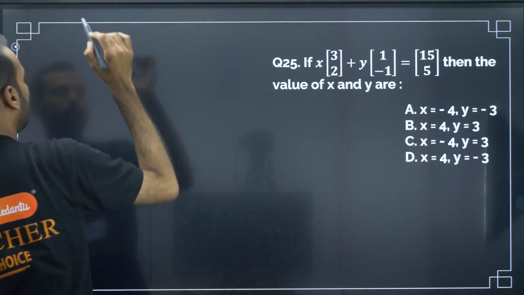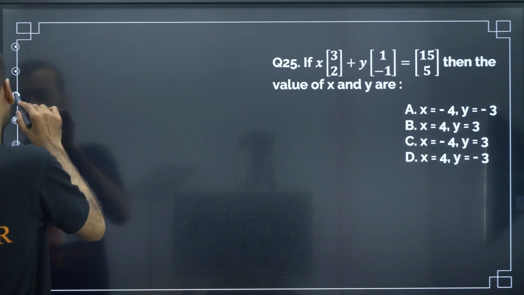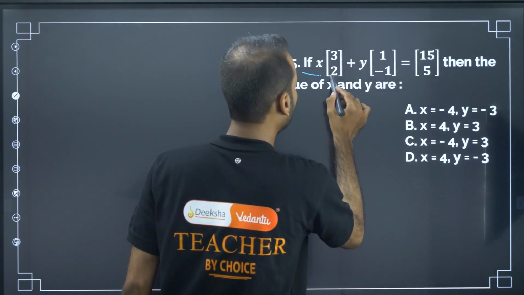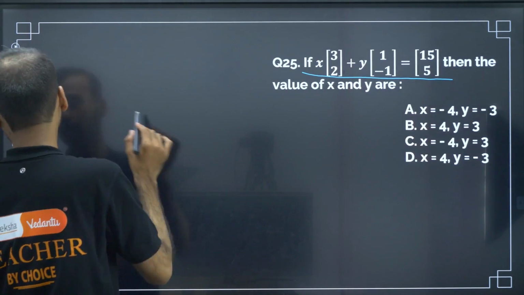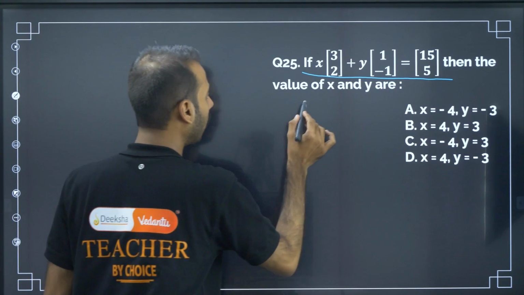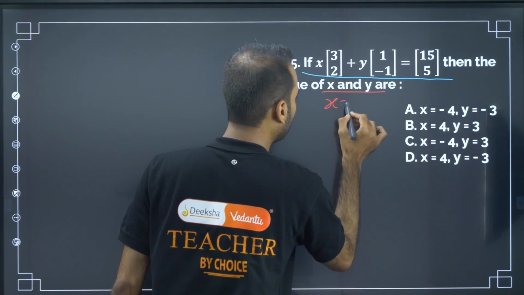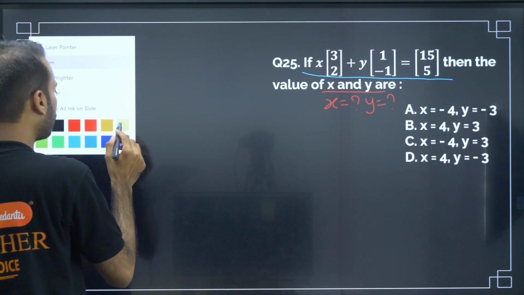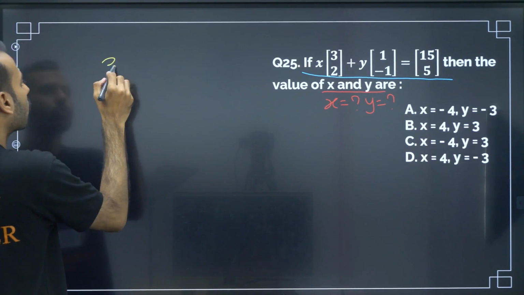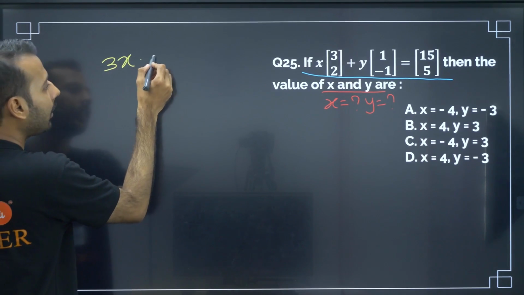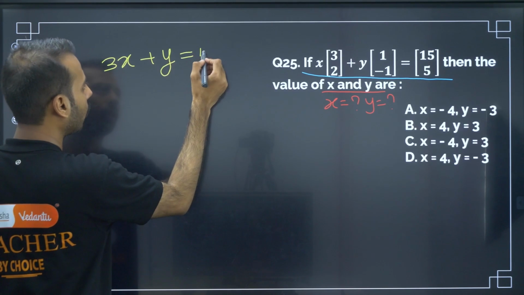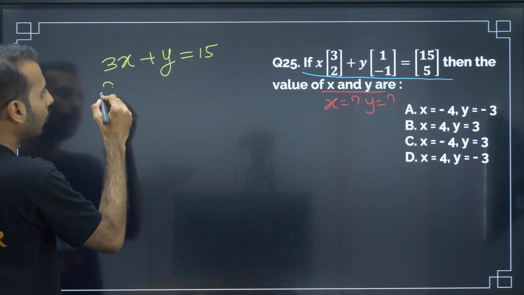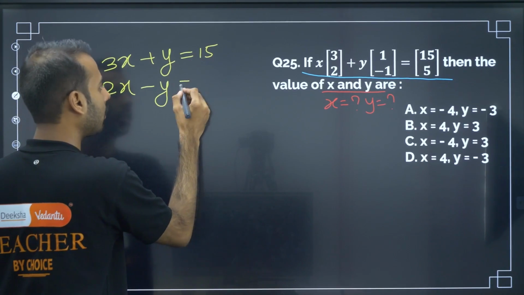Moving on to the next question. If x, one equation they have given, then what are the values of x and y? Very easy question. We just have to take 3x plus y is equal to 15, and 2x minus y is equal to 5.